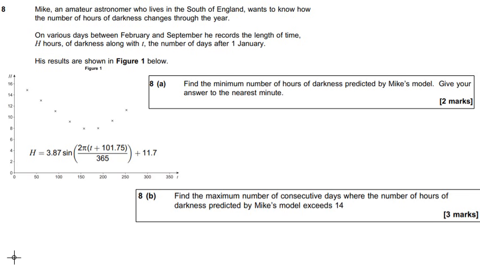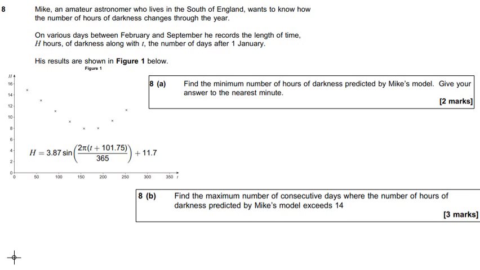It follows this transformed sine function. So the number of hours is equal to some constant times sine of some function of t, and then plus 11.7. And we're asked to do some calculations with that.